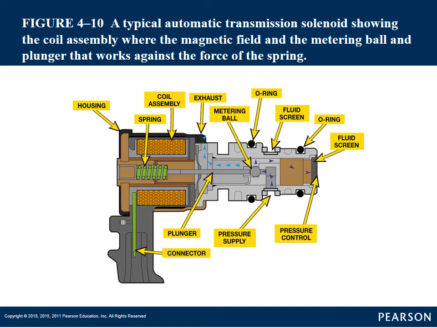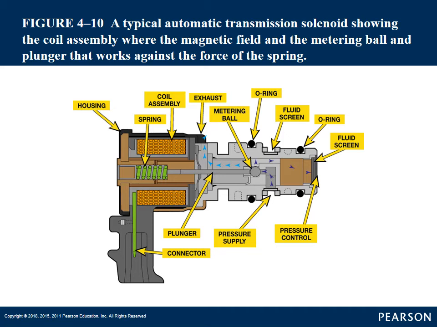We have a coil assembly that we apply power and a ground to that energizes the coil, creates a magnetic field, and moves that movable core. In this case, we're going to have fluid that then moves into the solenoid.